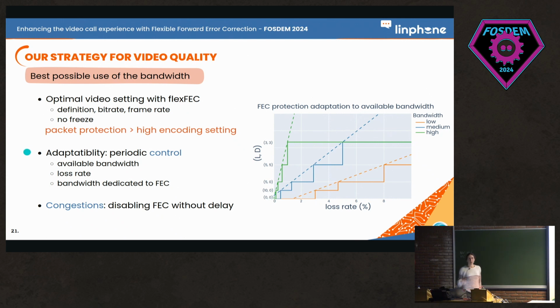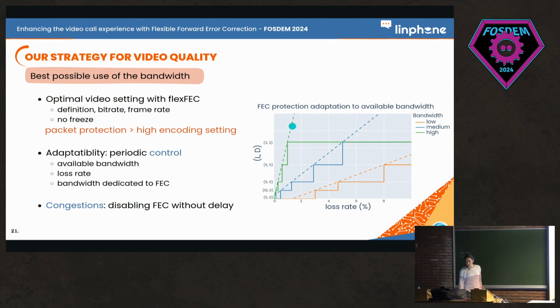To have an adaptability to the network events, we make periodic control of several values. So we measure regularly the available bandwidth, the loss rate, and the bandwidth that is dedicated to FEC. For example, in this graph, you can see that we propose to have low FEC protection when you have low bandwidth, and to enable high level of FEC only when the loss rate is very high.